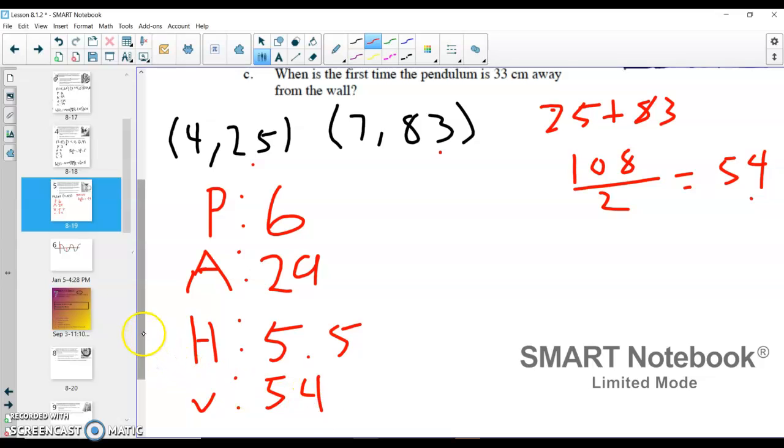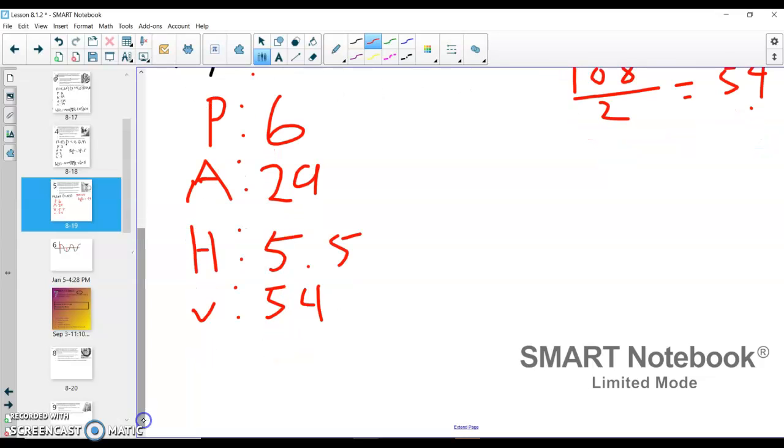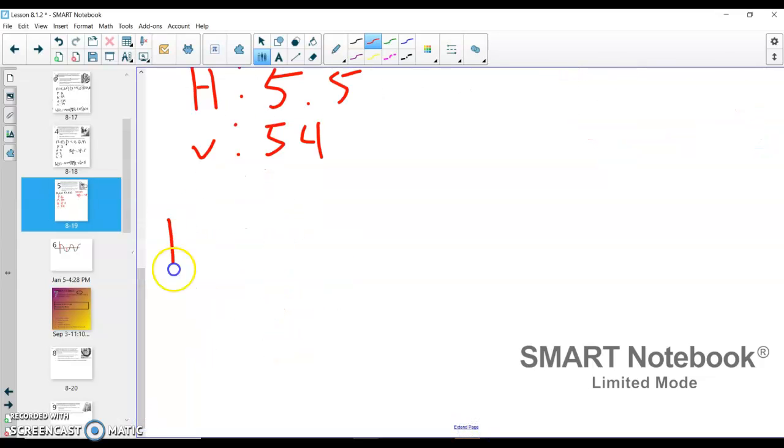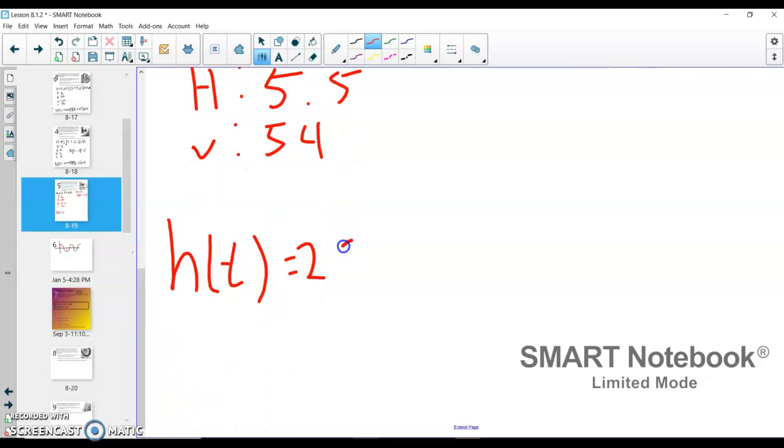I can then set up my equation to be h. I'm going to go below because I write with my big fat fingers on my screen. This is h of t equals, and then it goes amplitude first, so that's 29.